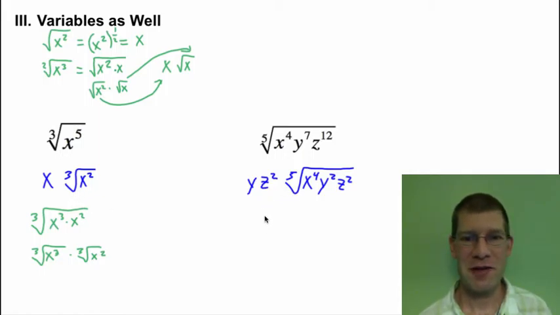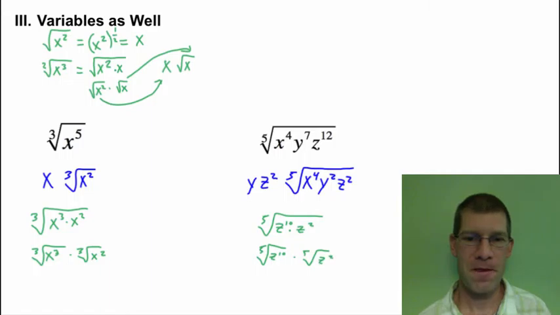You can do that same thing, maybe I'll just do the z's over here. You could say, well, z to the 12th is the same as z to the 10th and a z squared. So the fifth root of z to the 10th times the fifth root of z squared.